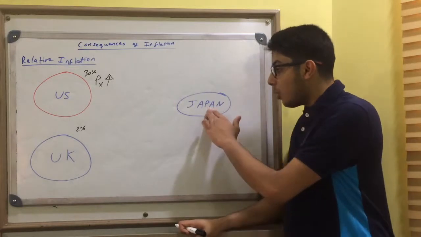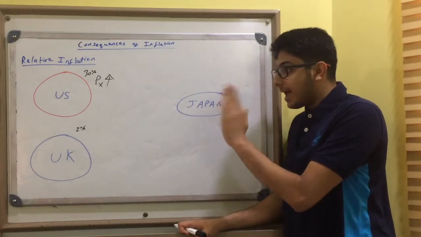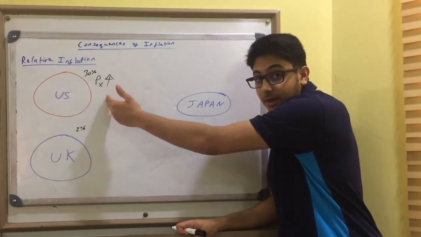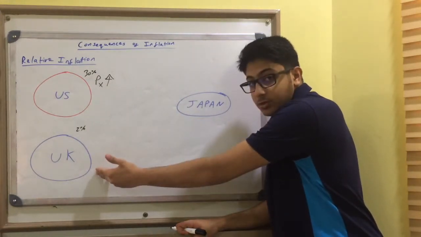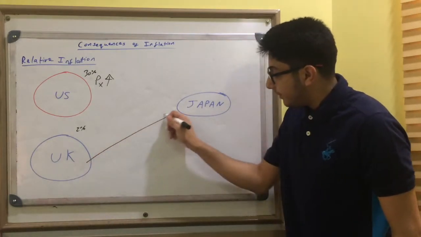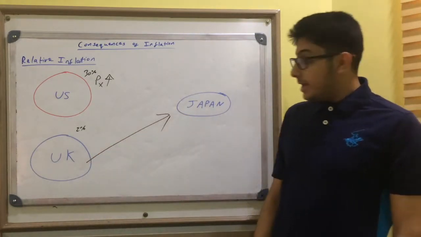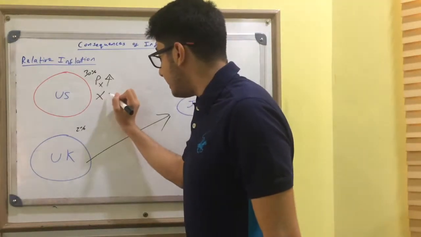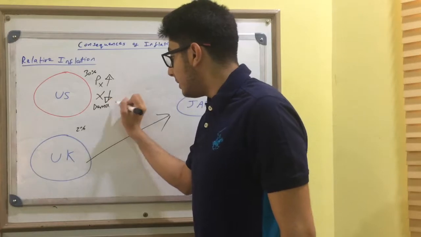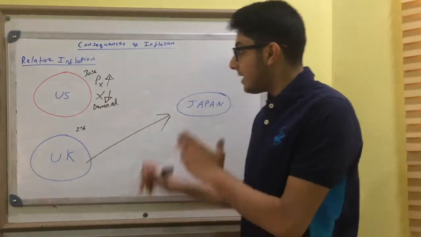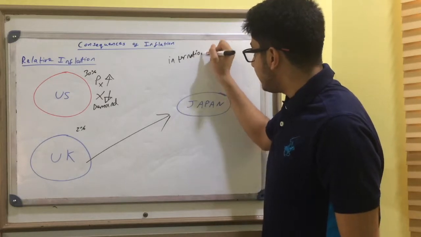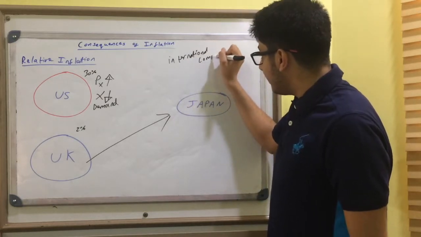So Japan, which export is it more likely to buy? Our exports, where our price is higher, or the UK's exports, where their price is lower? It's going to buy exports from the UK. Okay, so the demand for our exports decreases. And we lose international competitiveness in trade.